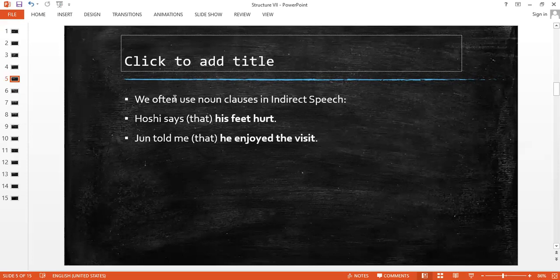Okay, Hoshi says that his feet hurt. Or Jun told me that he enjoyed the visit. Jun told me that he enjoyed the visit is indirect speech. So we often use noun clauses in indirect speech.